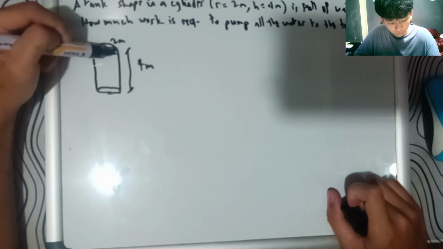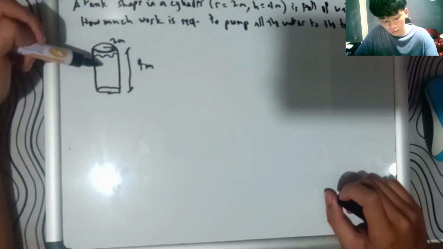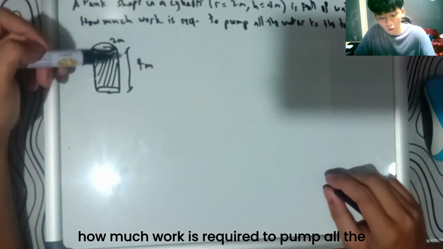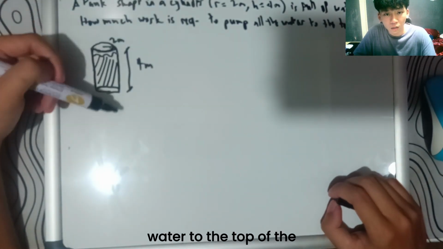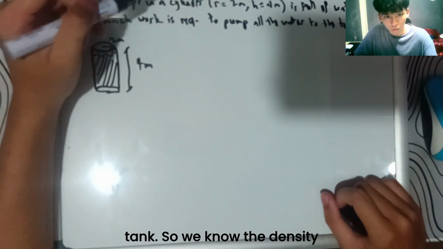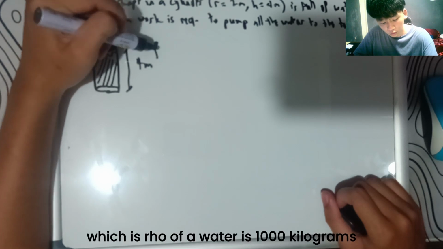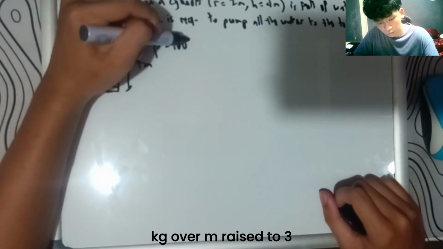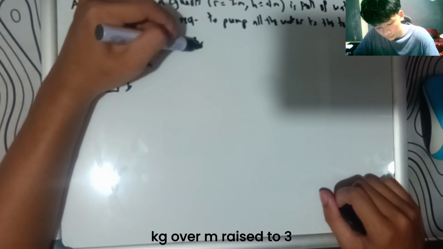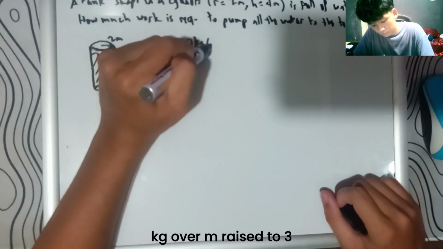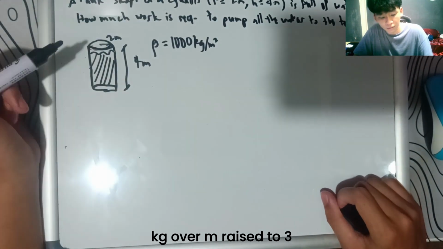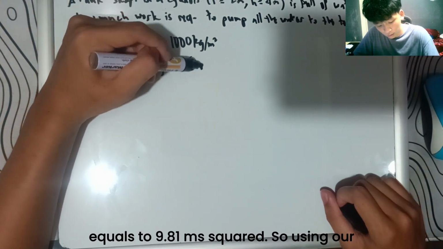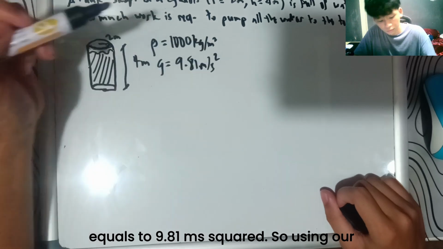So the question is, how much work is required to pump all the water to the top of the tank? So we know the density, which is rho, of water is 1000 kg over m raised to 3, and we know gravity is equal to 9.81 m/s squared.